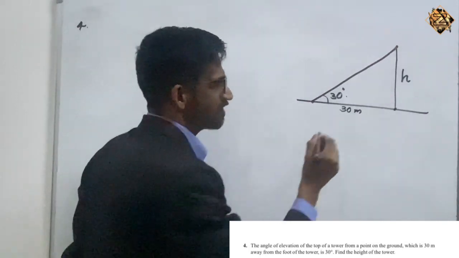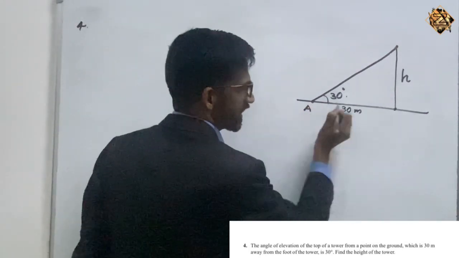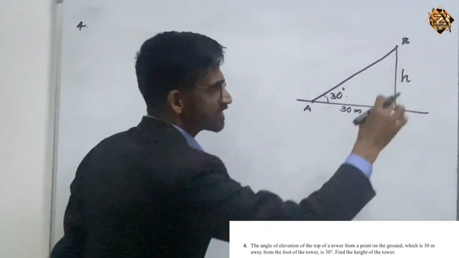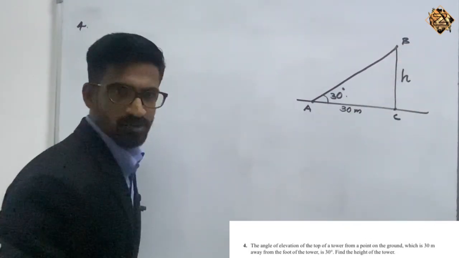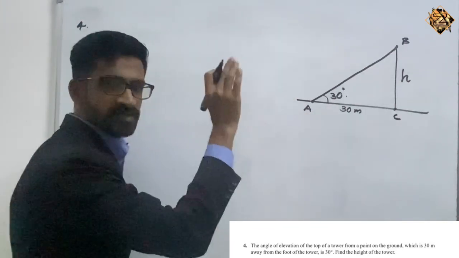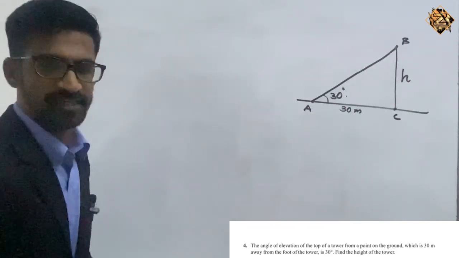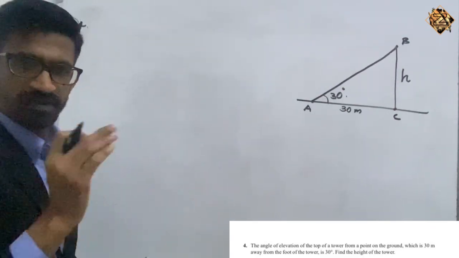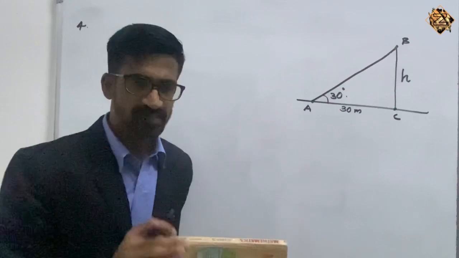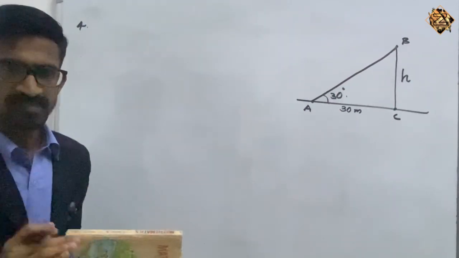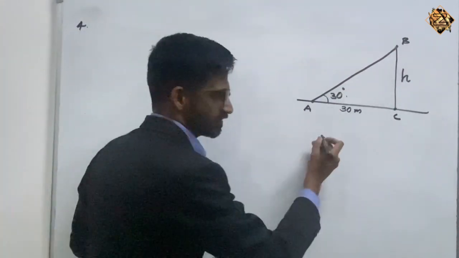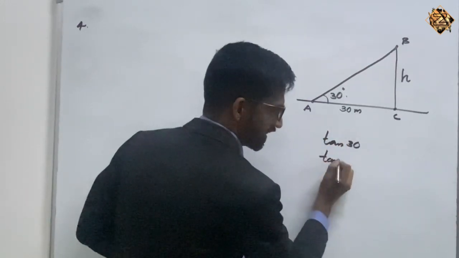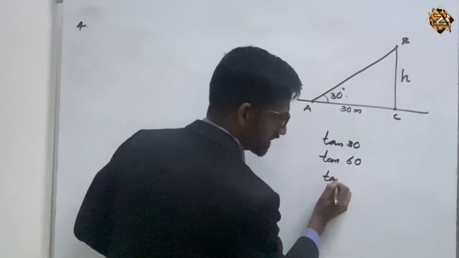For our convenience we'll just name it. Let A, B, C be the triangle where BC is the tower and A is the point from where the angle of elevation is given as 30 degree. Now here what we need to keep in our mind first of all is, as I said in the previous class, a few values of tan 30, tan 60 and tan 45.